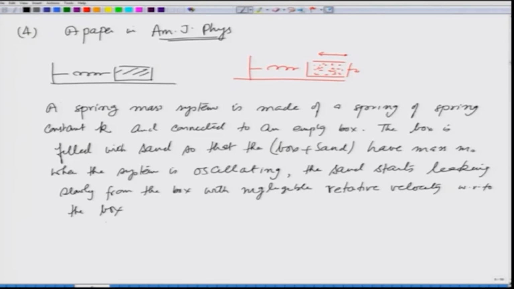What that statement means is that the velocity of sand which is falling or leaking is the same as the velocity of the box at that time, with negligible relative velocity with respect to the box.